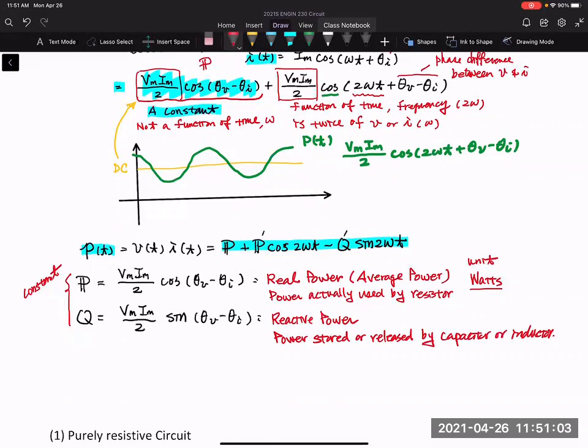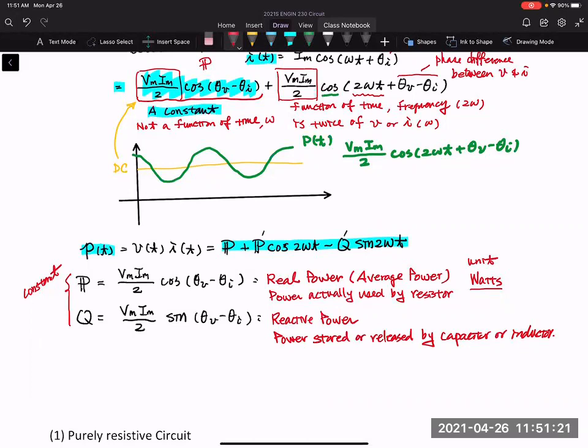Okay, so they're not actually generated by the capacitor or the inductor. It's the temporary power stored in those devices, and they can either take the energy in or they can release the energy as needed.